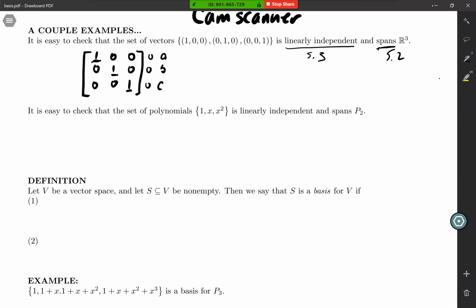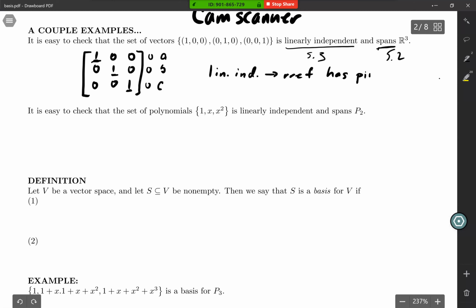So just to write this down, when we do linear independence, the reduced row echelon form has a pivot in every column. For span, the reduced row echelon form has a pivot in every row.